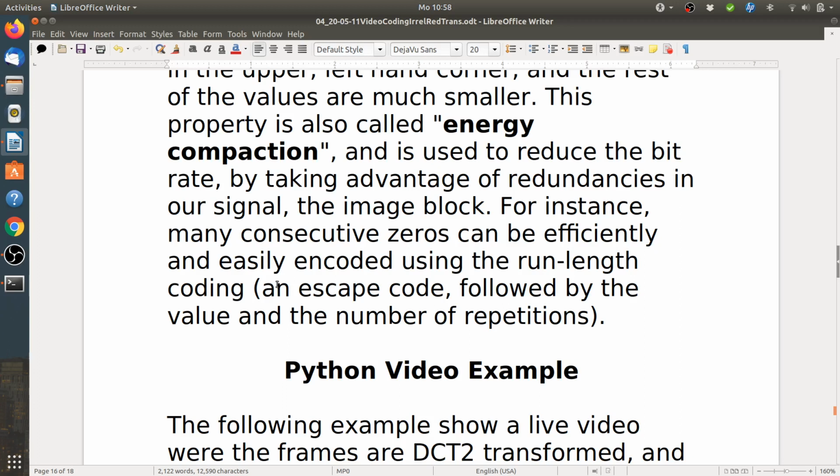So in most natural images, most energy appears at the low spatial frequencies, meaning there's only slow change of brightness in the image, and very little energy at high frequencies. So there's often not much detail. So this is what the redundancy reduction can do. This energy compaction would be part of the redundancy reduction. It takes advantage of the statistical properties of our input signal, the images.